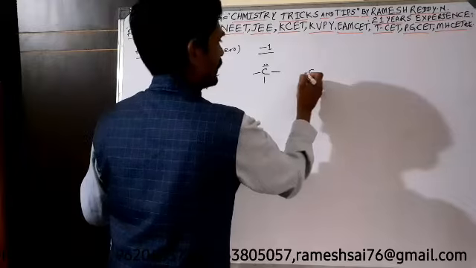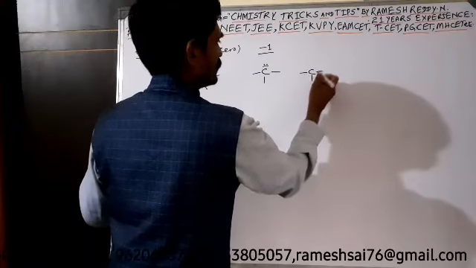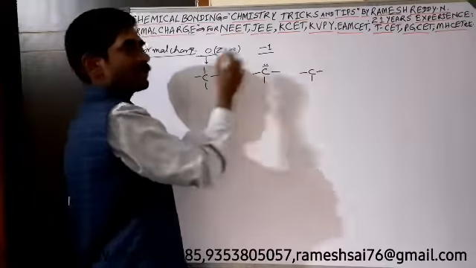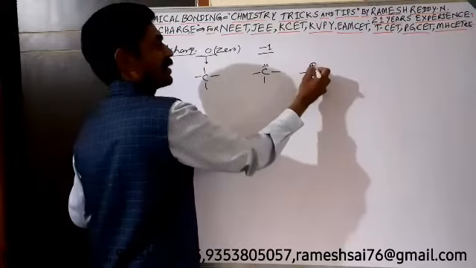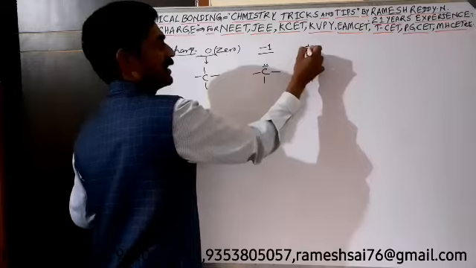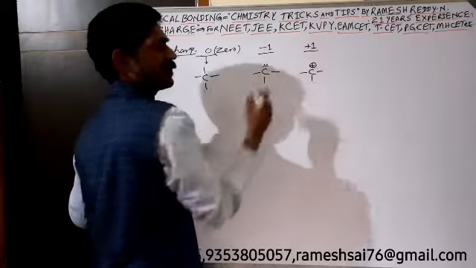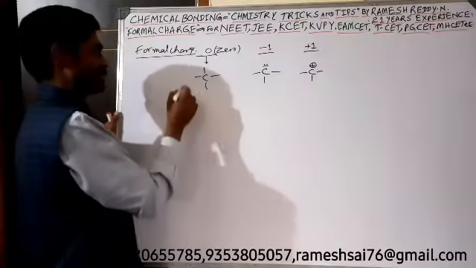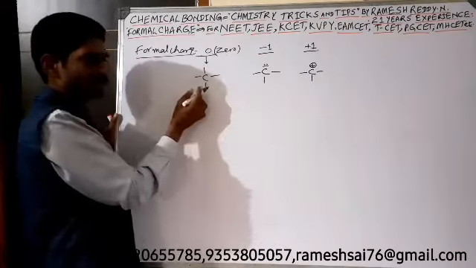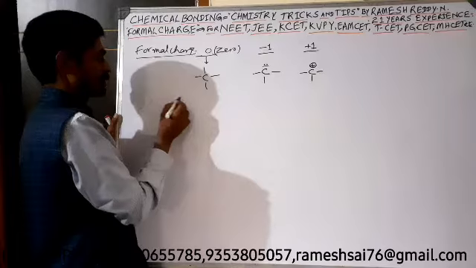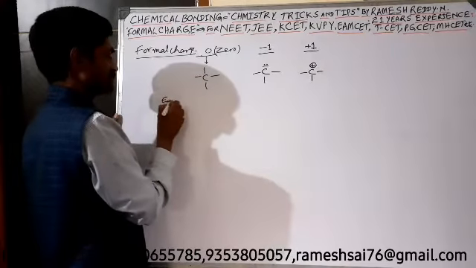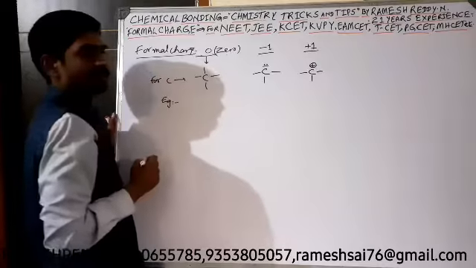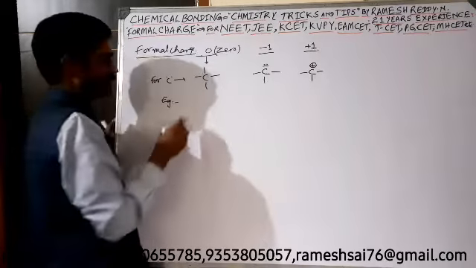The carbon having 3 bond pairs, where a bond pair of electrons is lost and it gets a positive charge, then the formal charge of that carbon is +1. In the case of nitrogen, I will give some examples here to understand easily. This is for carbon. How to calculate the formal charge of carbon?